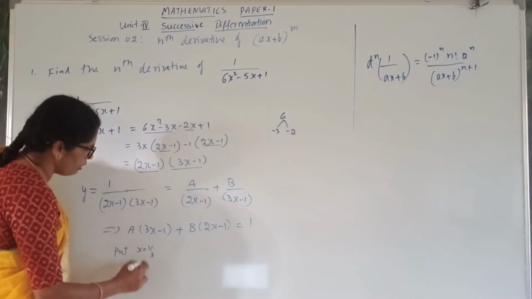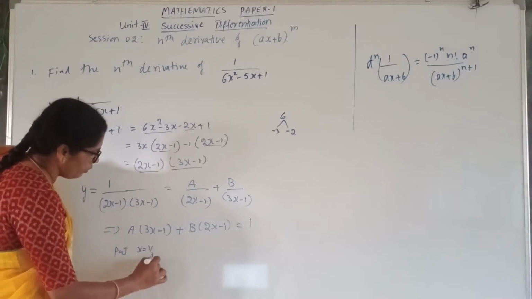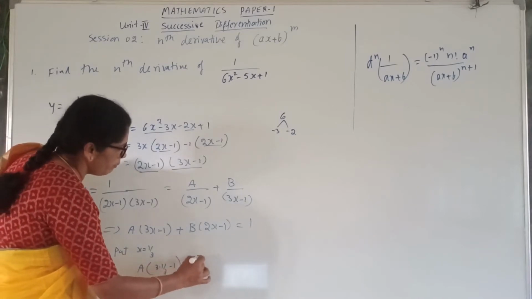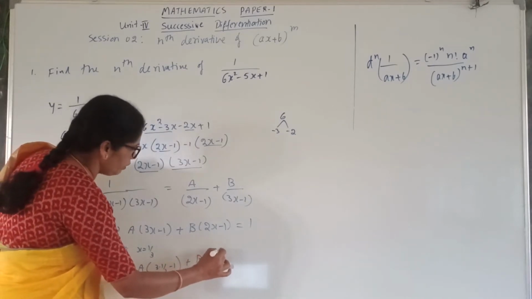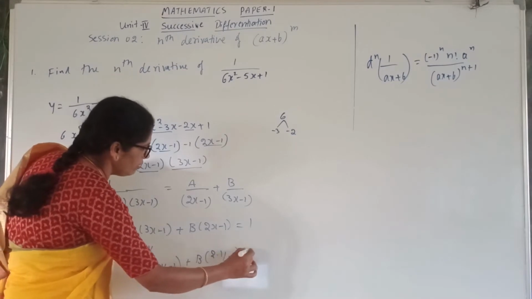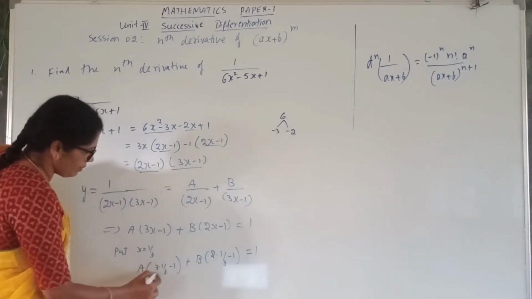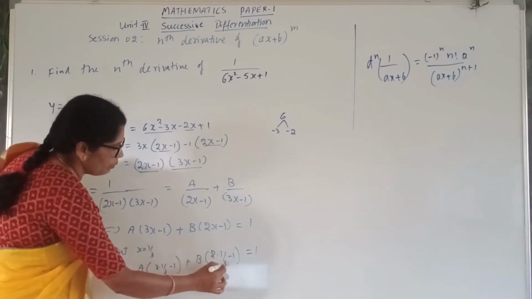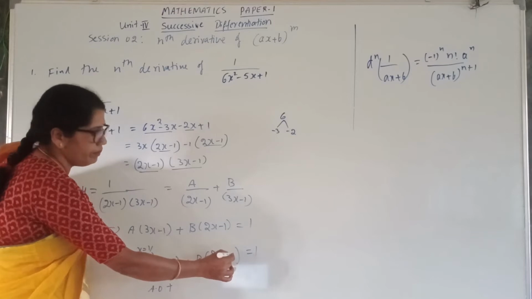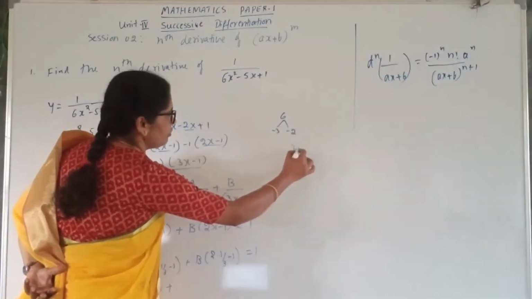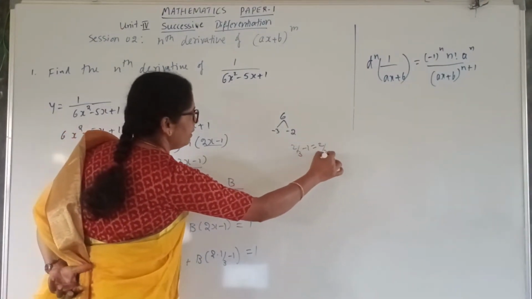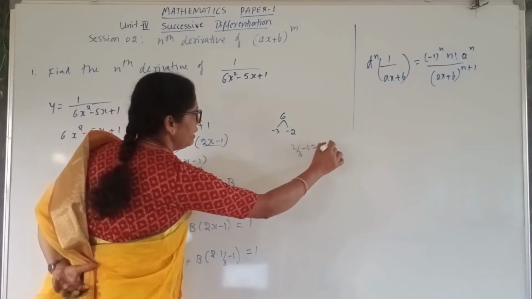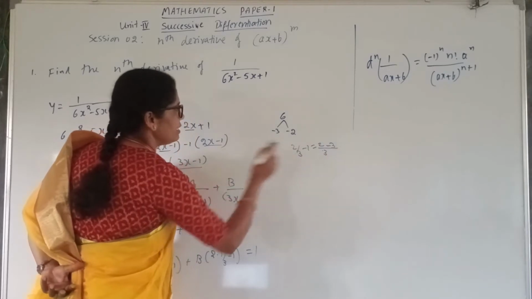When you put x is equal to 1 by 3, a into (3 into 1 by 3 minus 1) plus b into (2 into 1 by 3 minus 1) is equal to 1. Let us simplify. See, now it is a into 0 plus b into (2 by 3 minus 1). Means it is 2 by 3 minus 3 by 3, means you will get 2 minus 3 and LCM is 3.